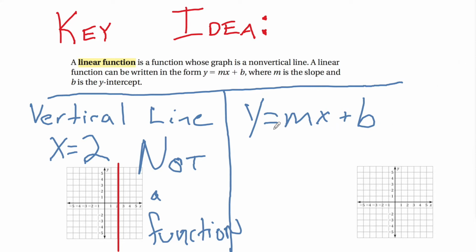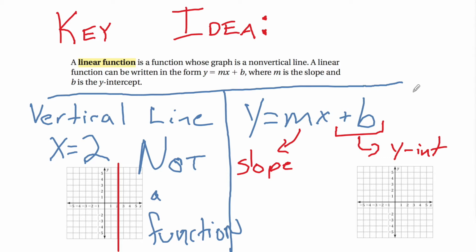If you remember, m is our slope and b is our y-intercept. So any line written in y equals mx plus b will be a function.